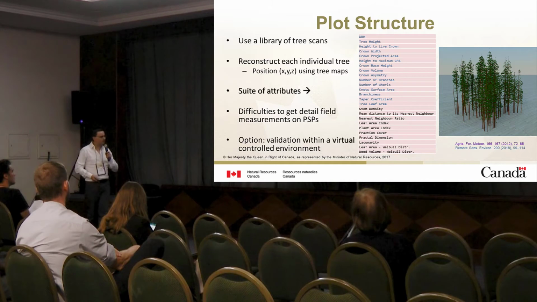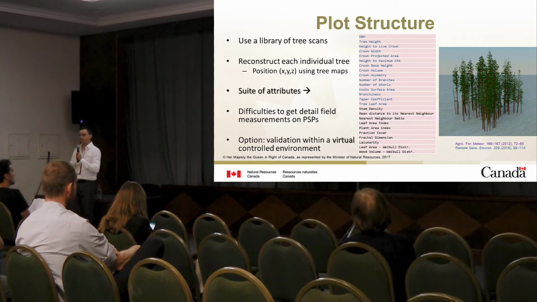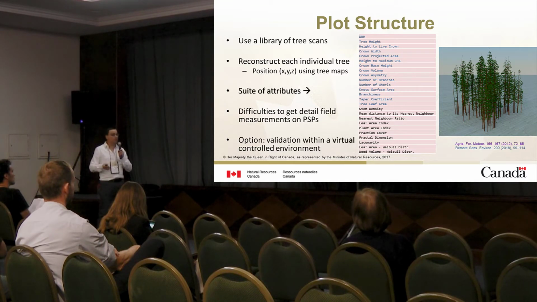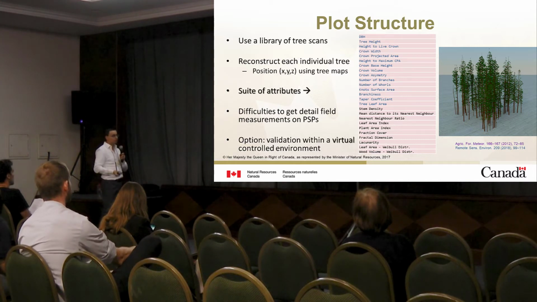At plot level, we have the library of tree scans, and we have inventory data for the tree positions, for example. So for each tree on the plot, we selected, from a lookup table of tree scans, the best fit, and used this point cloud as input to L-Architect to reconstruct the 3D structure and position the tree model in the plot.